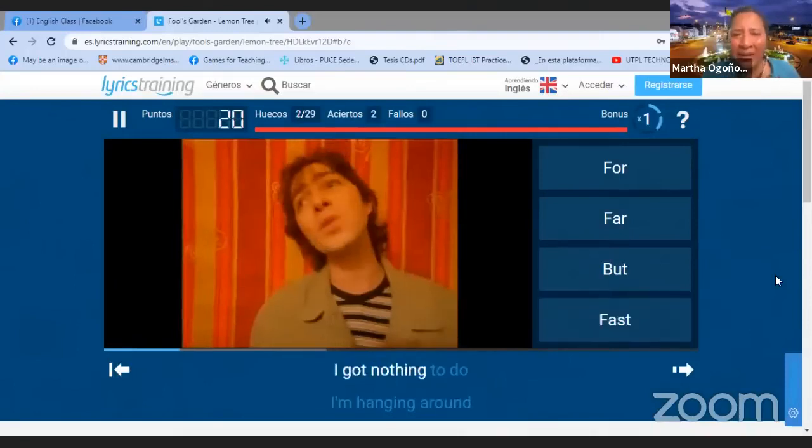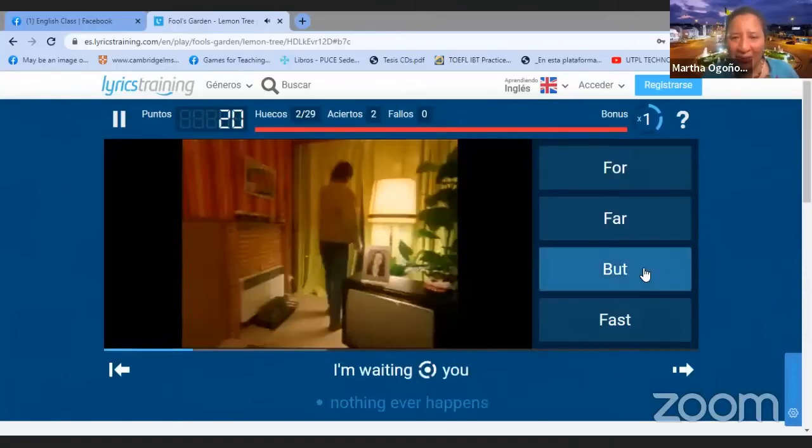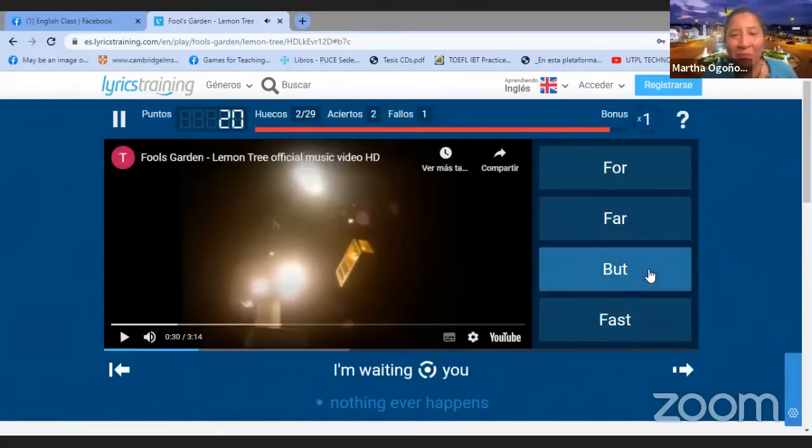Yes. What happens if we fail the answer? So, imagine I'm gonna do it with but, so we know it's incorrect. Can you see the red bar is decreasing? So it means we have another chance.